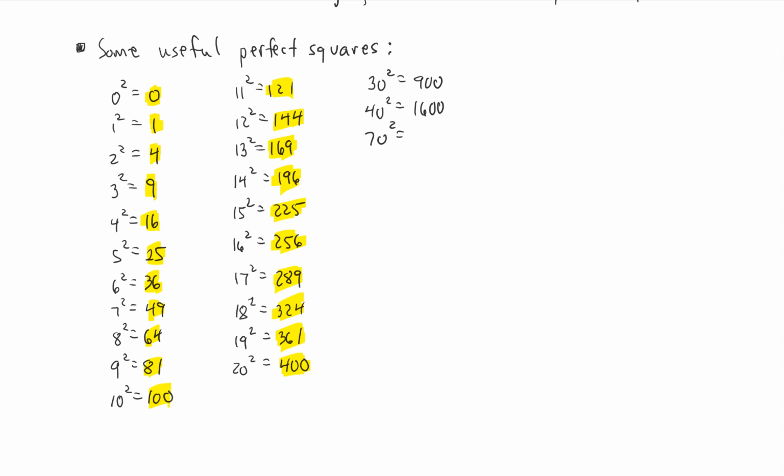So if you see, for example, 4900, hopefully you recognize that as a perfect square because that'd be 70 squared, because 7 squared is 49 and then 70 squared would be 4900. So the highlighted numbers are the perfect squares. Those are a list of some useful ones that we're going to see quite often.